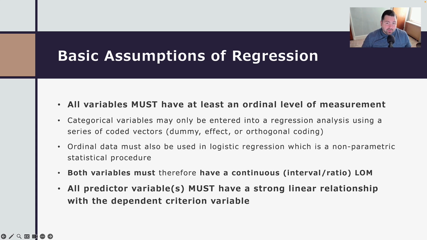All categorical variables that we choose to use, such as a nominal level of measurement, it's not really supposed to be used, but researchers do it all the time. And so we can take a categorical variable and make it continuous by making it ordinal. So for example, if I wanted to code, let's say, race as a particular categorical variable of interest, I can code 0, 1, 2, 3, 4, 5, 6, 7 for different races.